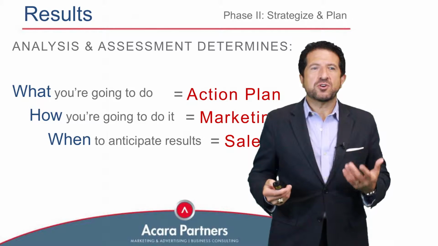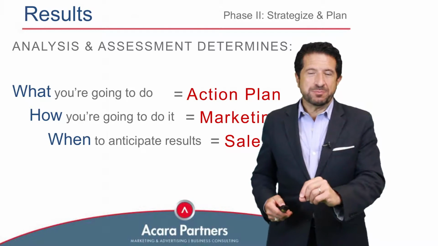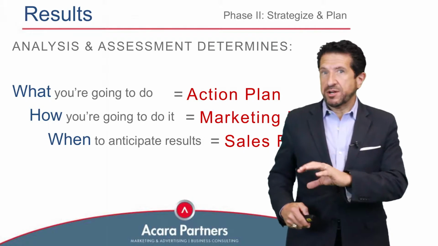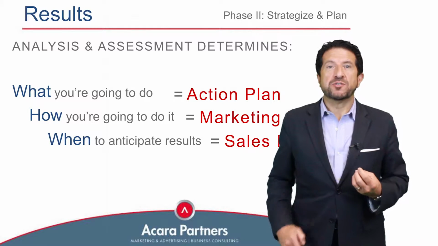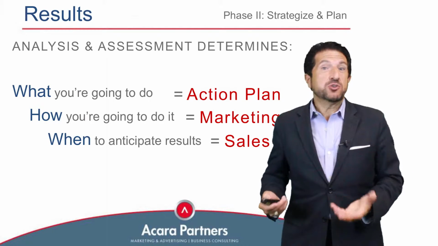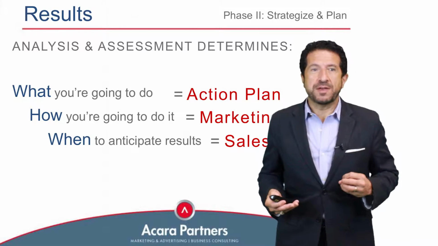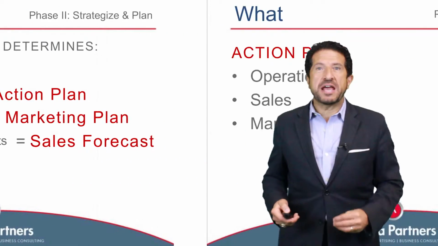It's going to determine what you're going to do, which is your action plan; how you're going to do it, which is your marketing plan; and when to anticipate results, which really is your sales forecast, your sales plan. So those are the three things that we're going to talk about in this phase: action plan, marketing plan, and sales forecast. Let's start with the action plan.